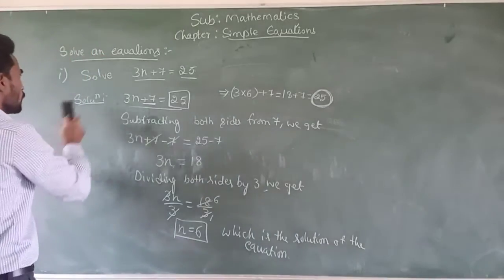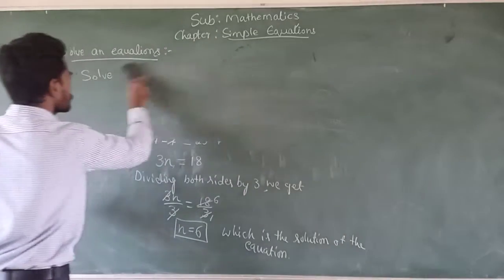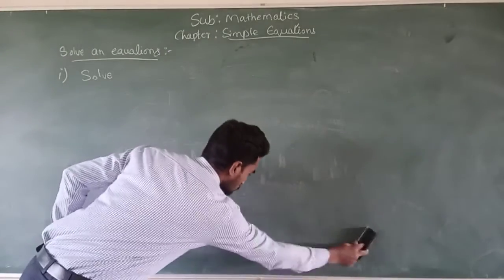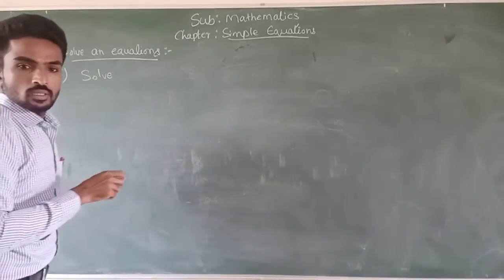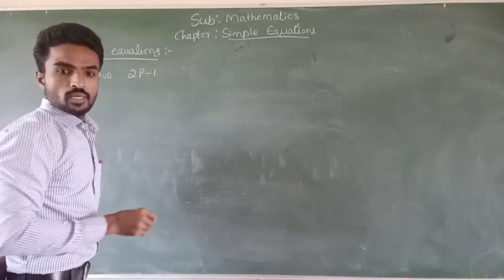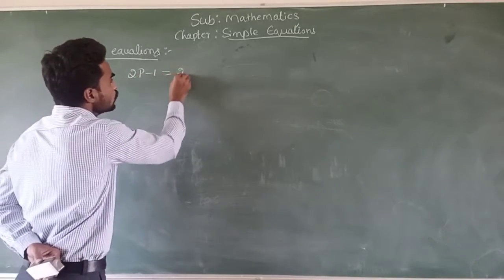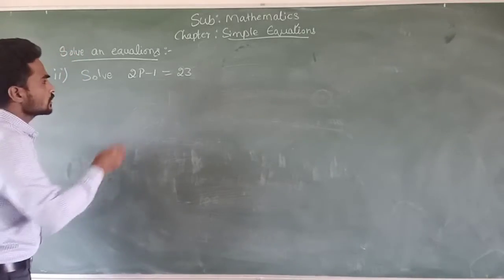Now let us solve another example. Solve 2p minus 1 is equal to 23.